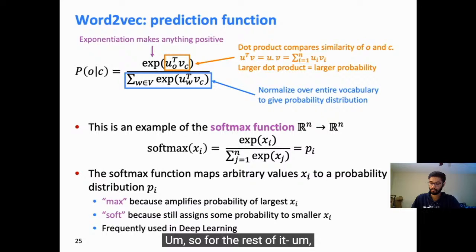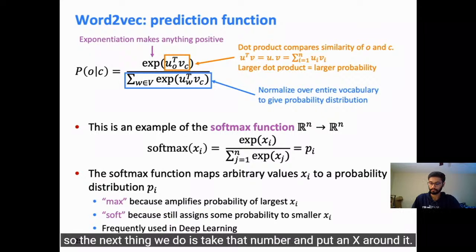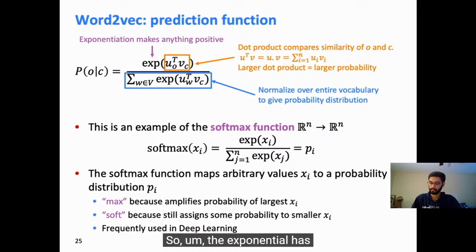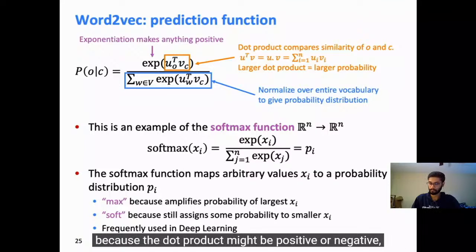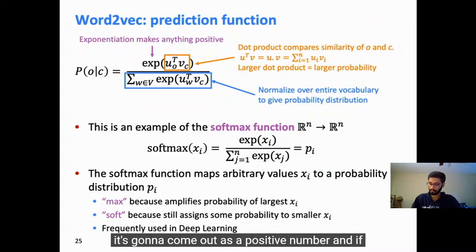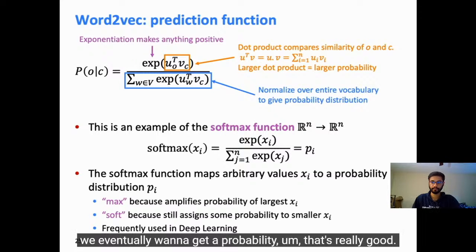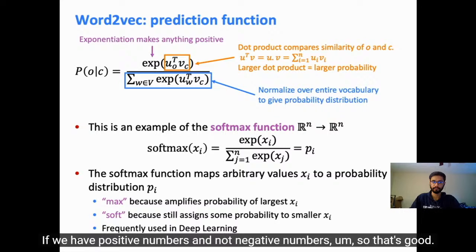So for the rest of it, the next thing we do is take that number and put an exp around it. So the exponential has this nice property that no matter what number you stick into it, because the dot product might be positive or negative, it's going to come out as a positive number. And if we eventually want to get a probability, that's really good if we have positive numbers and not negative numbers. So that's good.